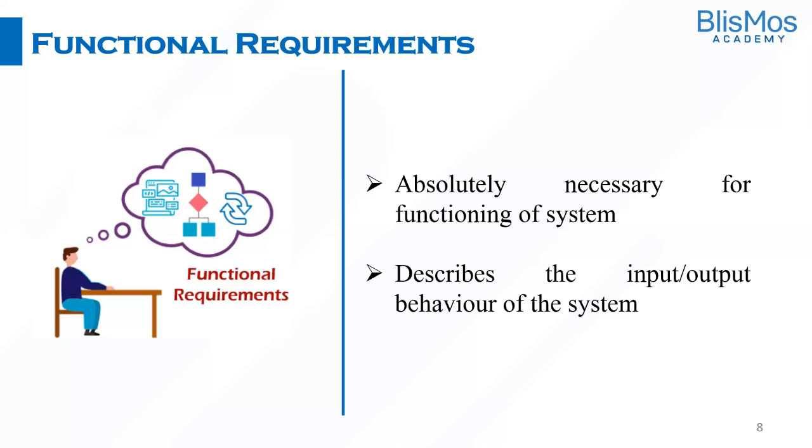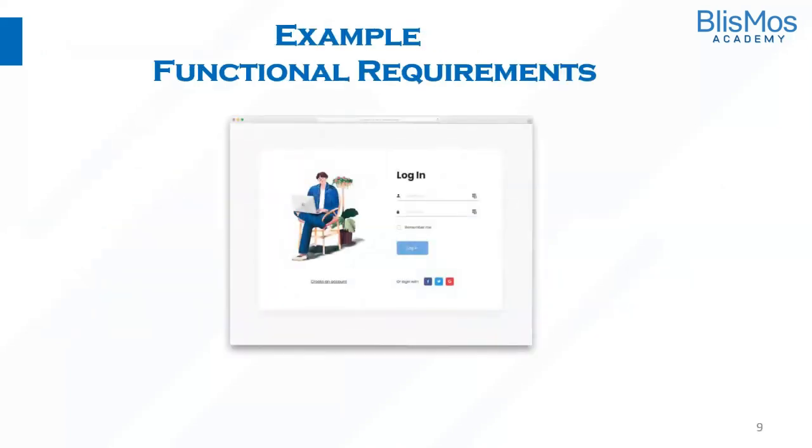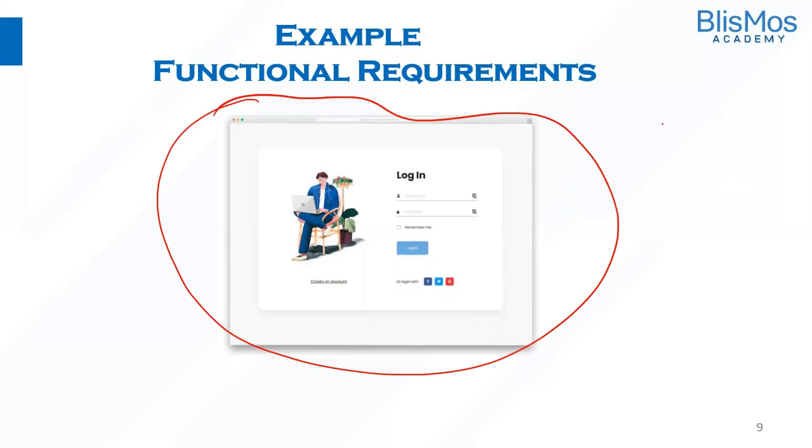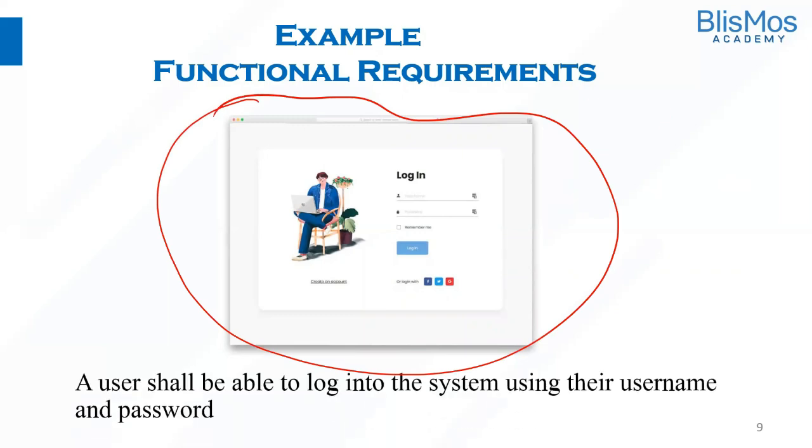Let us take an example here. Let us say you have a login page. A login page is there everywhere now, right? Whether you are logging into an e-commerce website, Facebook, LinkedIn, or an email. So if you have to develop this particular page, then we have to specify as a part of the functional requirement, user should be able to log into the system using their username and password.